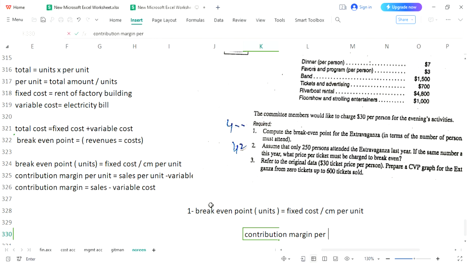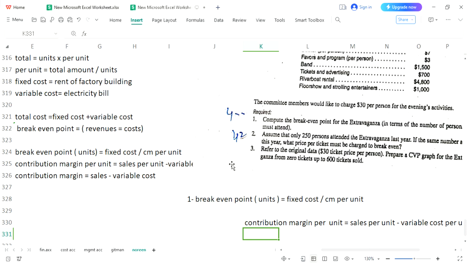How would you calculate? For this, you will have sales per unit and you will subtract variable cost per unit.